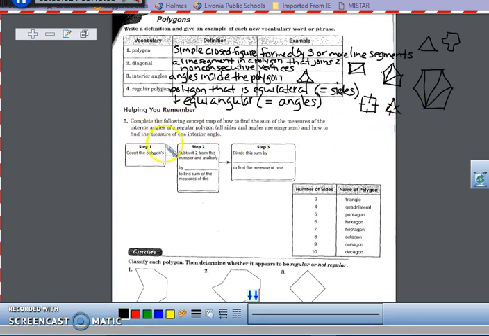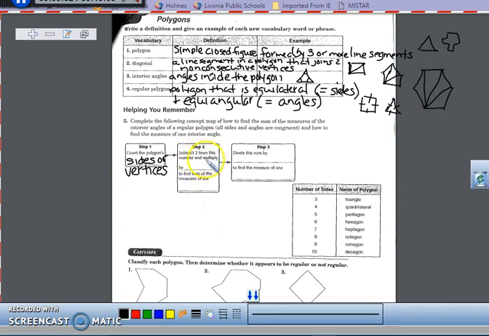So we're going to complete this concept map to find the sum of the measures of the interior angles of a regular polygon, those are all its sides and angles are congruent, and how to find the measure of one interior angle. Alright, so first we have to count the sides or vertices. So here we have 6, right? 6 sides or vertices.